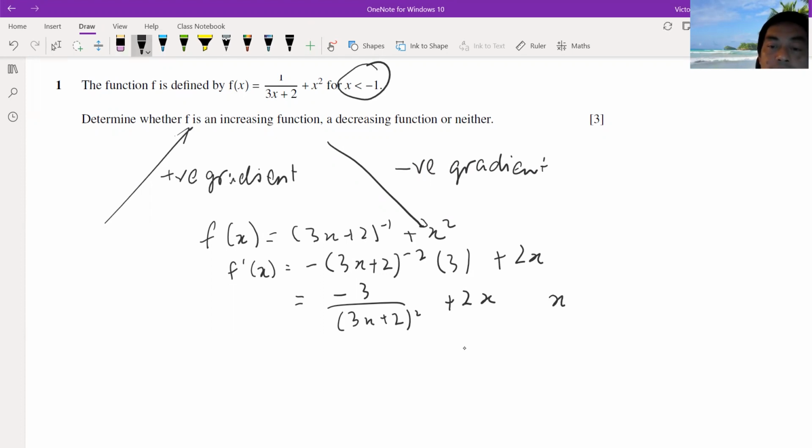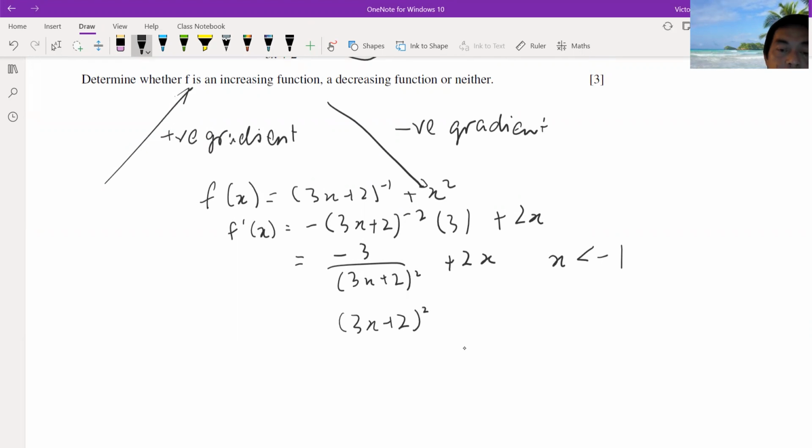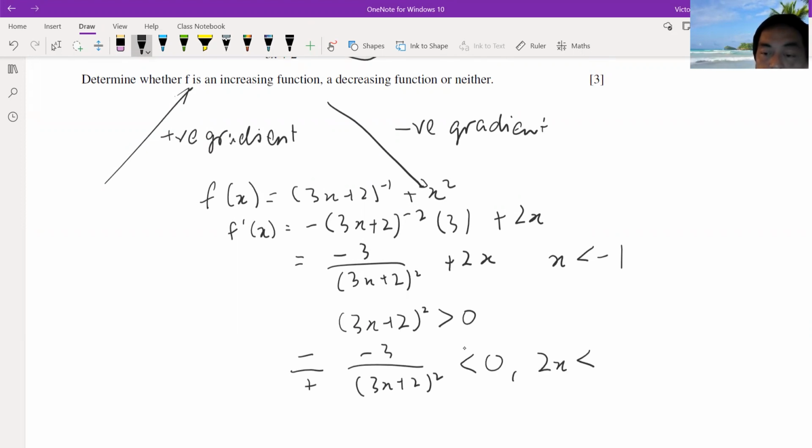So this is for x smaller than negative 1. A complete square, (3x plus 2) squared, is always a positive value, so minus 3 over (3x plus 2) squared is a negative value over a positive value, which is negative. Also 2x is negative for x smaller than negative 1.